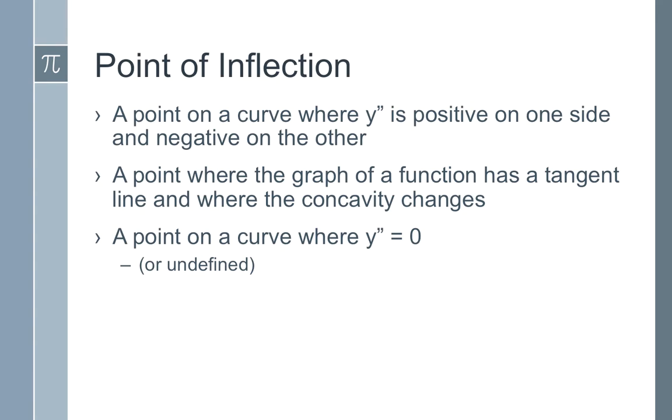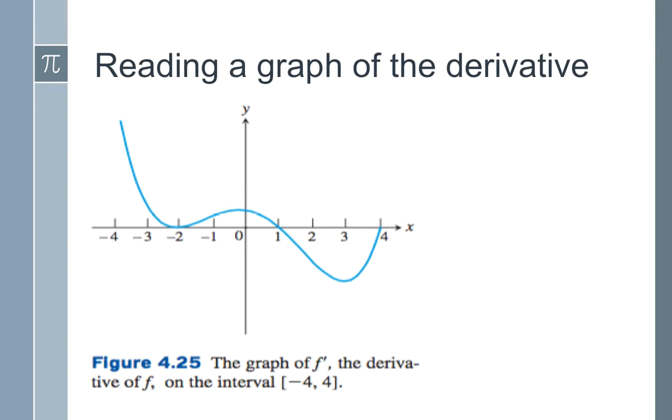But before I go to the point of inflection and concavity stuff, I want to look at this particular graph. These graphs will more than likely show up on an AP exam where you are given the graph and you have to be able to read this graph to determine everything you know about the original function.